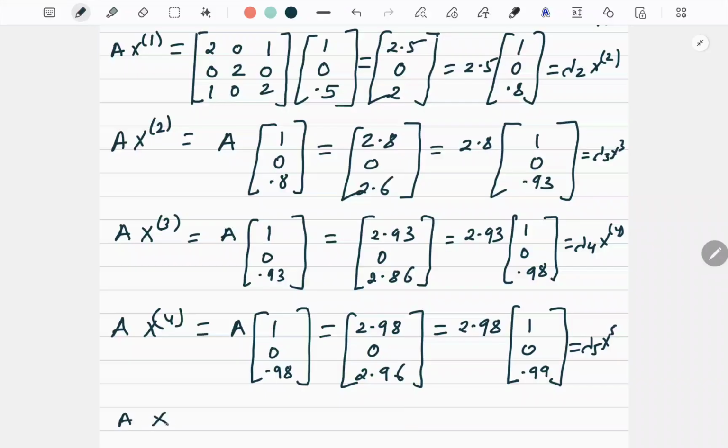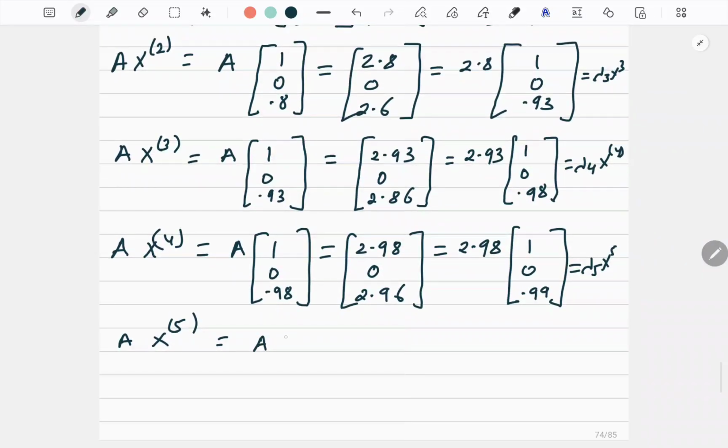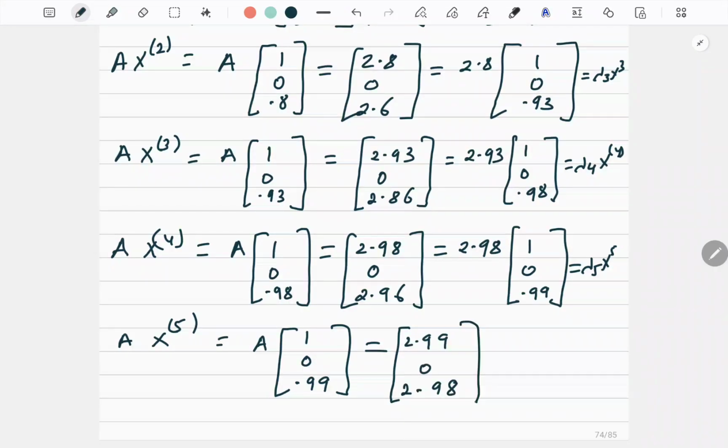Now do A x5. So it is equal to A times 1, 0, 0.99. That will give me 2.99, 0, 2.98. So this will give me 2.99, 1, 0, 0.997.